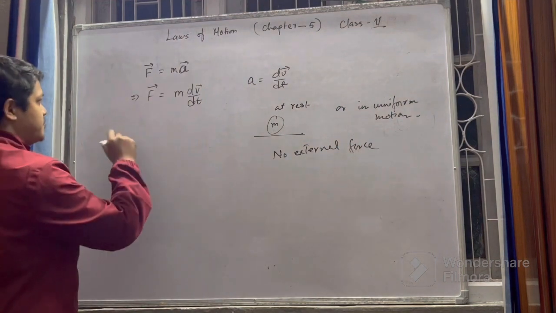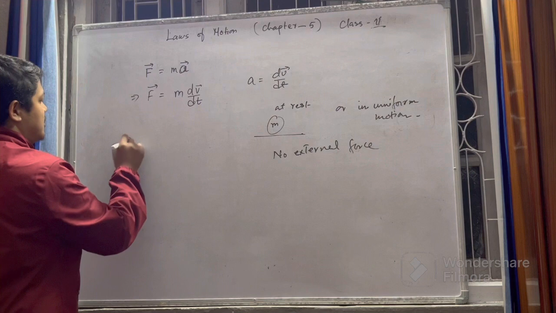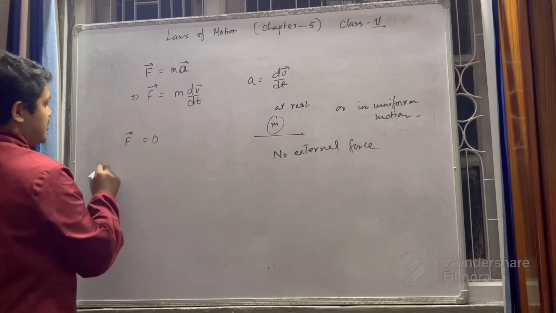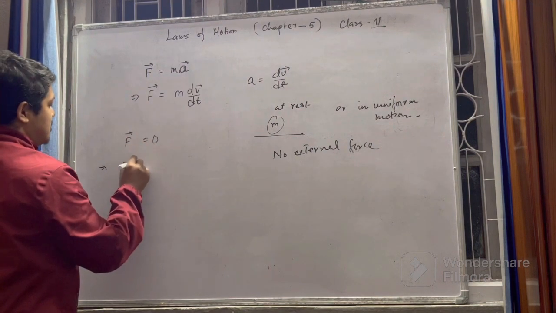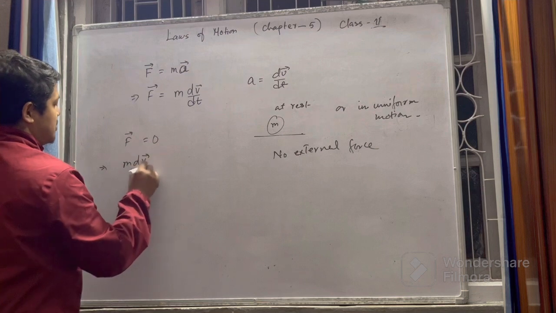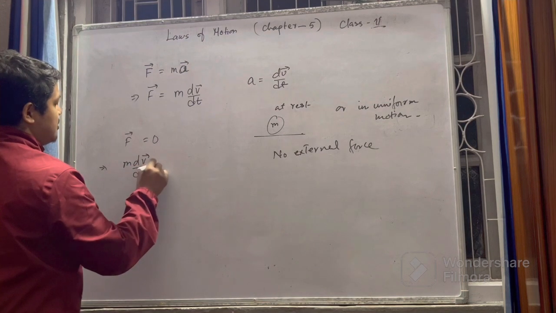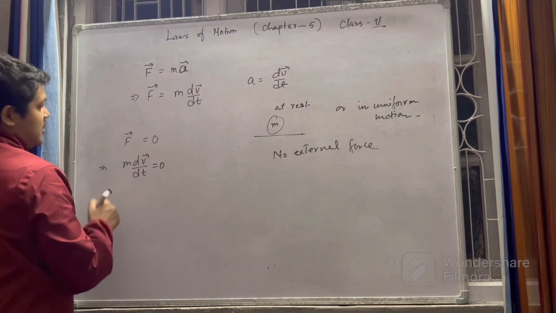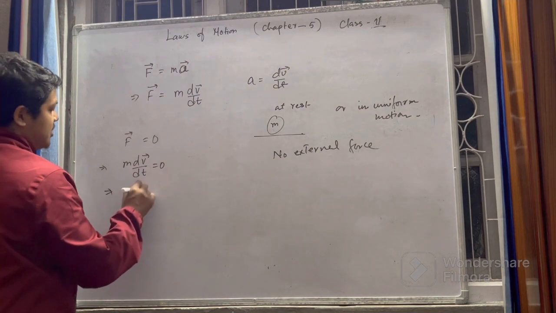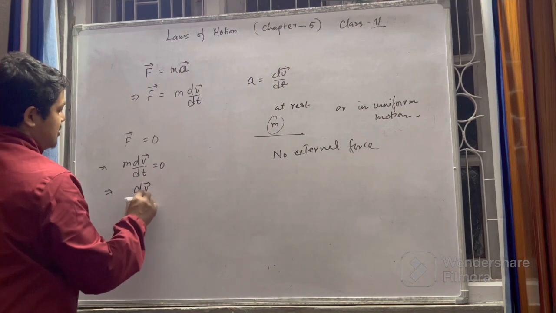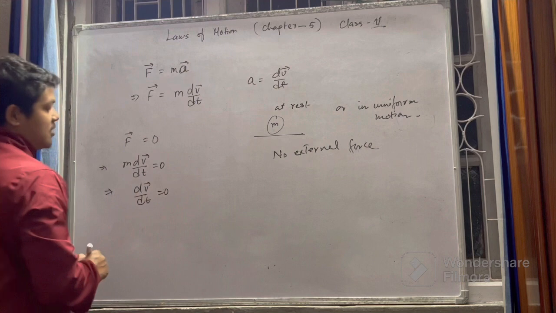Then this force is equal to 0. So m dv by dt is equal to 0. If you divide both sides by m, then you will get dv by dt is equal to 0.